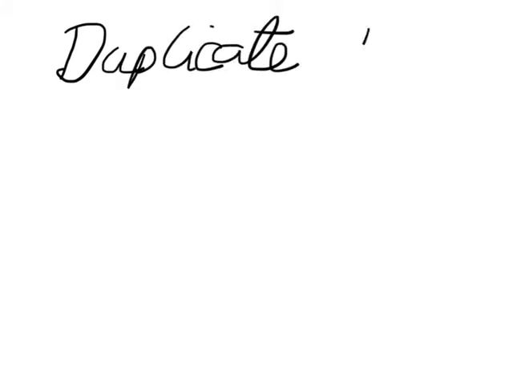So hi everyone, we're going to do the last part on permutations, and it's going to be permutations of duplicate items. And what do we mean by duplicate items?